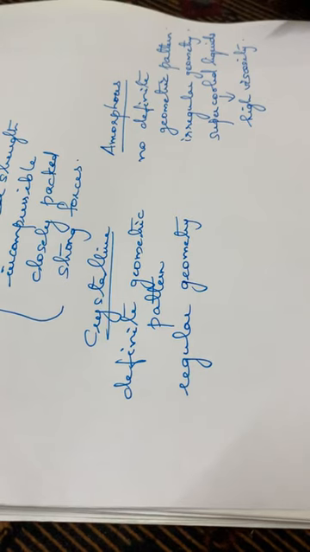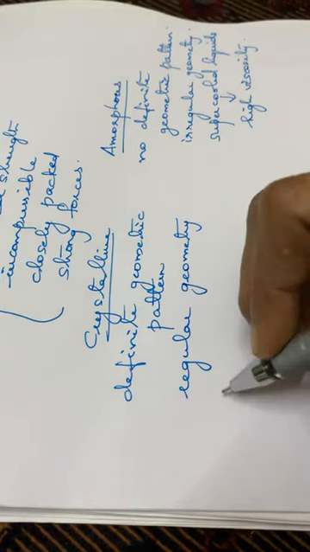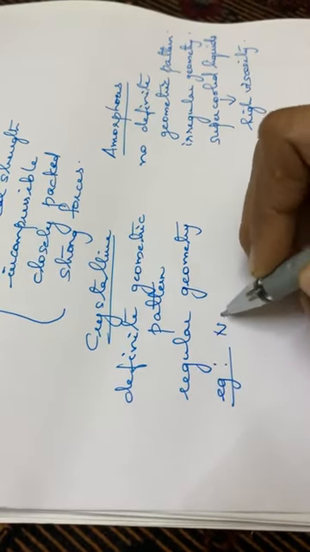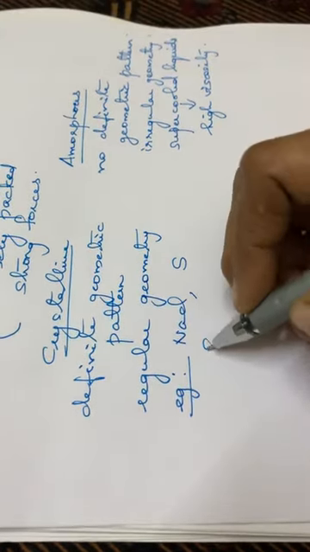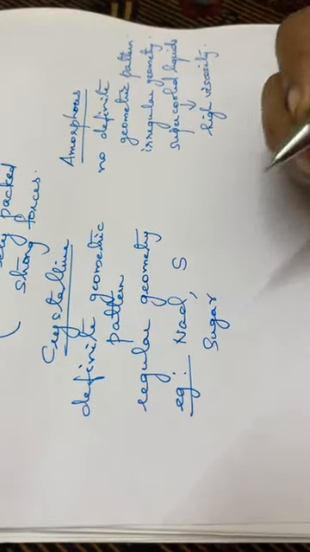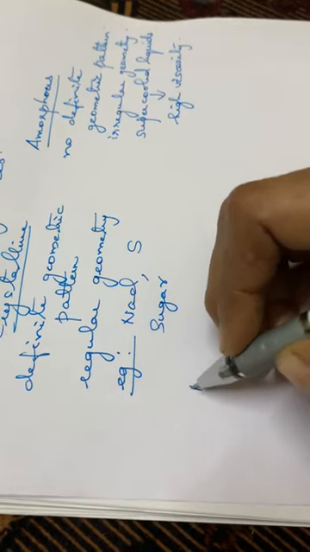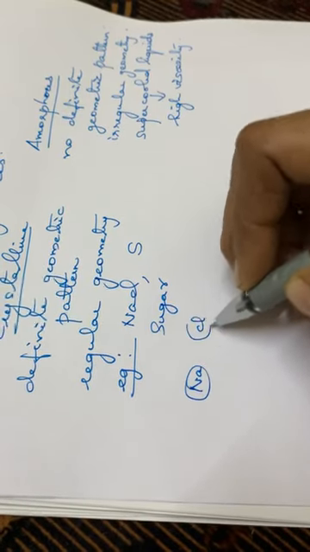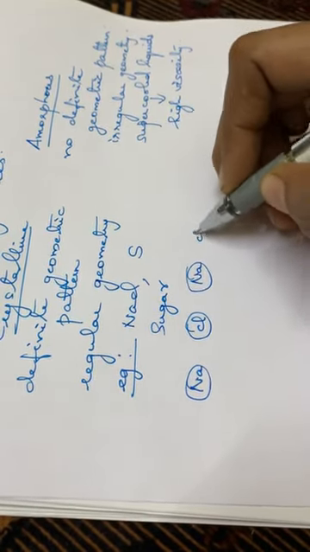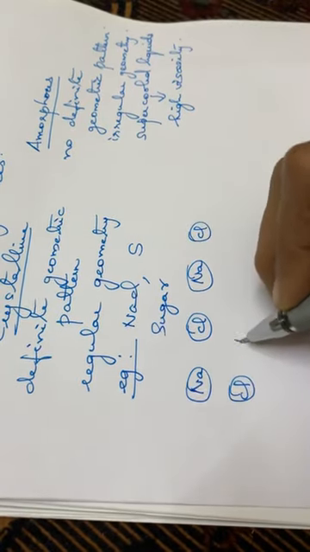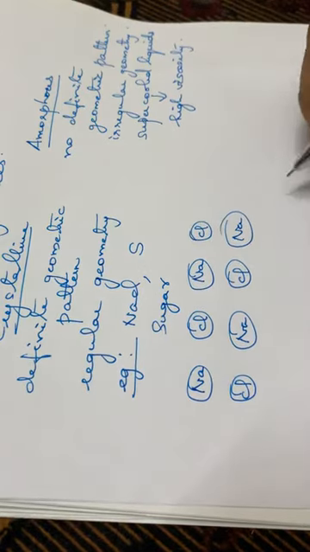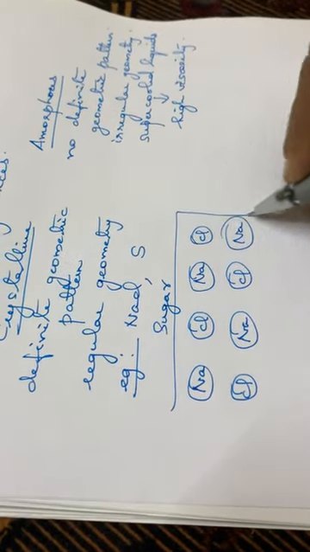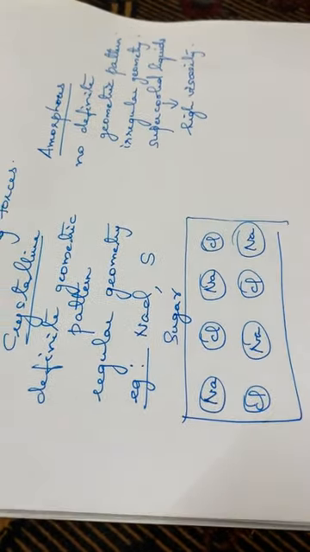For a crystalline solid, for example, sodium chloride, sulfur, and sugar. In sodium chloride, Na, then Cl, then Na, then Cl, and so on, it goes on. So this structure has a definite regular geometry, isn't it?